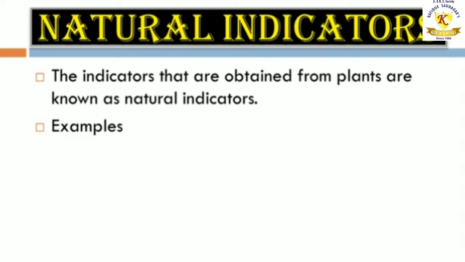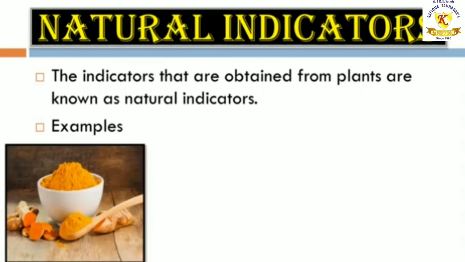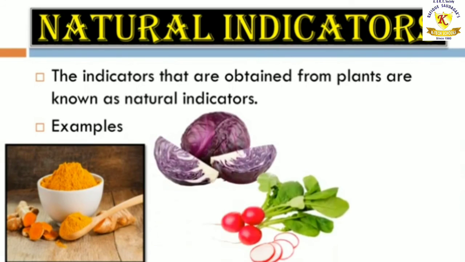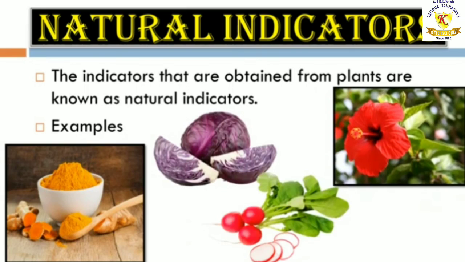On non-availability of laboratory indicators, natural indicators can be made by using several domestic substances like turmeric, red cabbage, hibiscus flower. Okay, these are the natural substances and we can use them to make natural indicators.